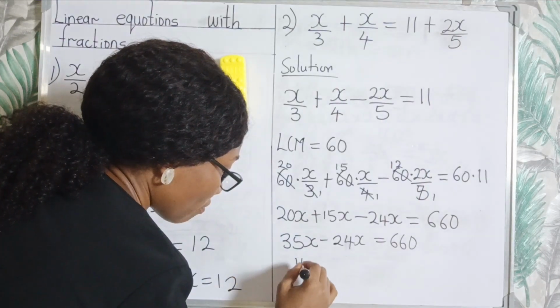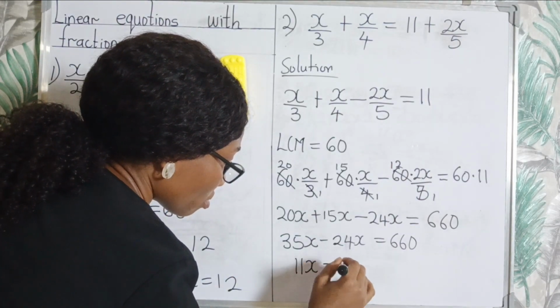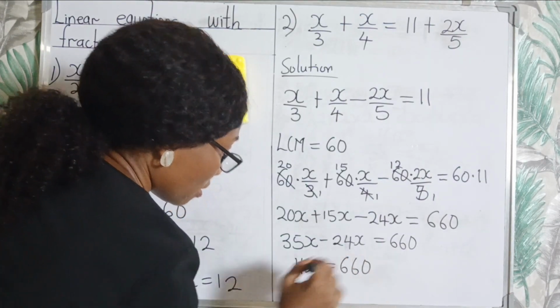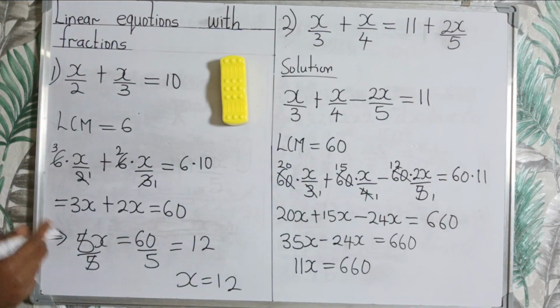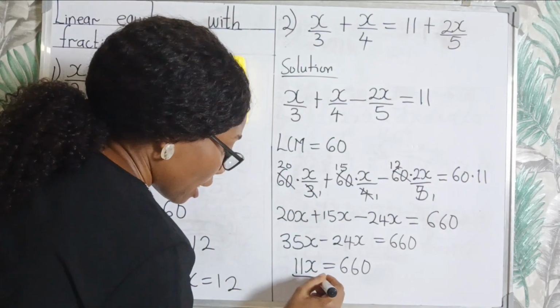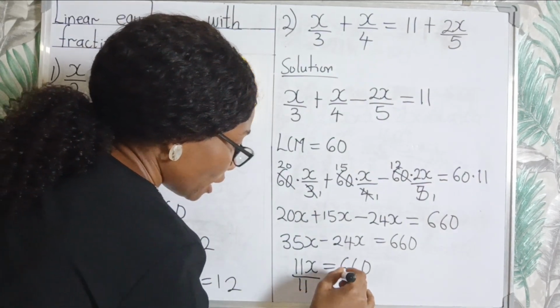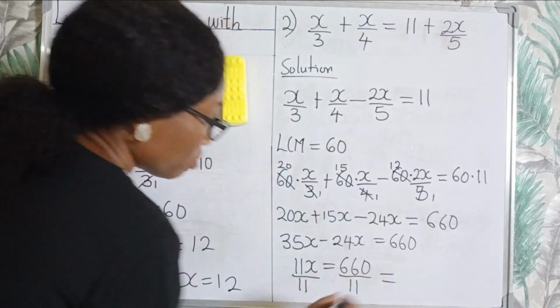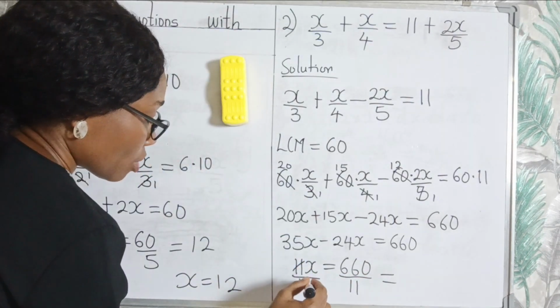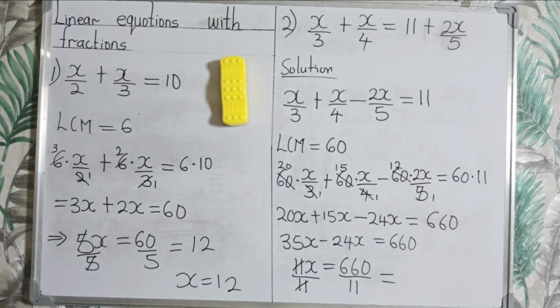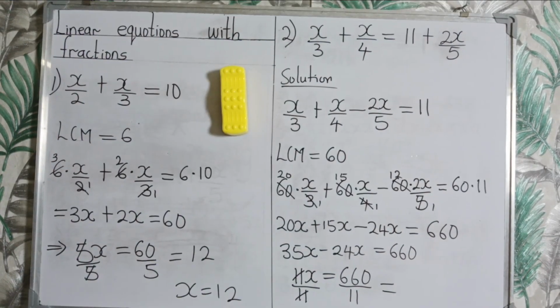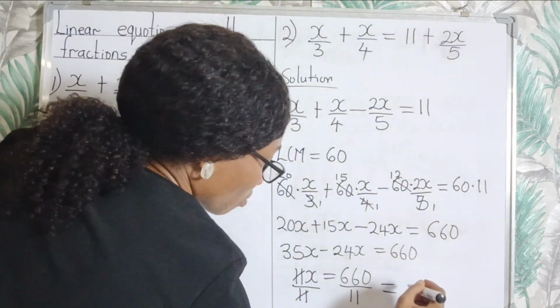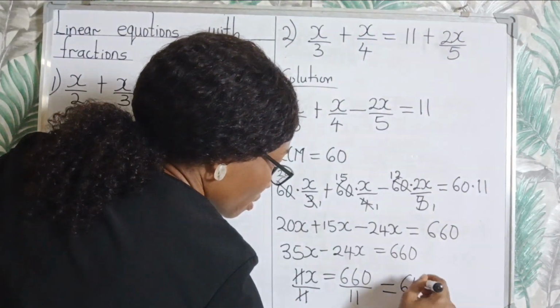So here we have 11x equals 660. To get our value of x, we divide both sides by 11. So this and this will go. So our x is equal to 60.